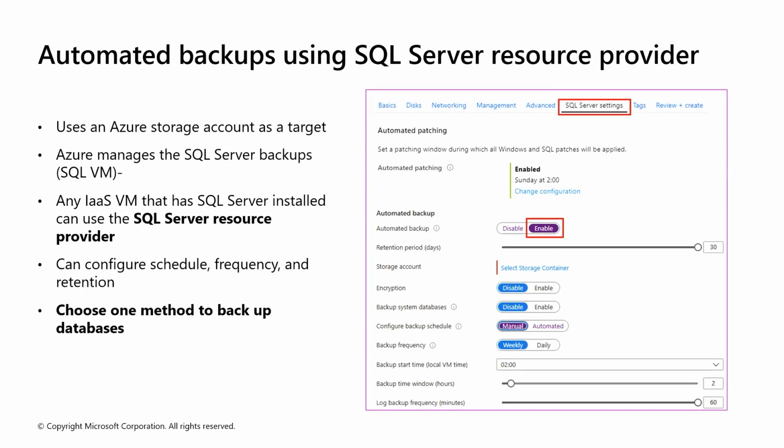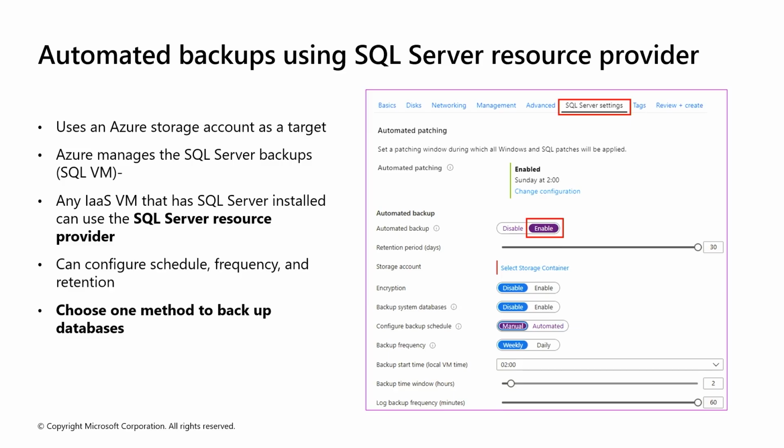Here we see how to configure automated backups for SQL Server using the Azure SQL Server Resource Provider, which supports infrastructure as a service virtual machines with SQL Server installed. Backups are stored in an Azure storage account and managed by Azure, allowing users to customize the backup schedule, its frequency, and retention period.